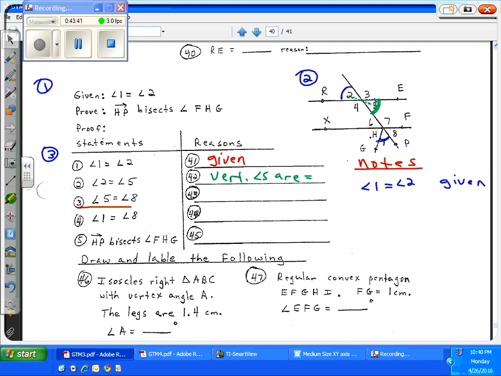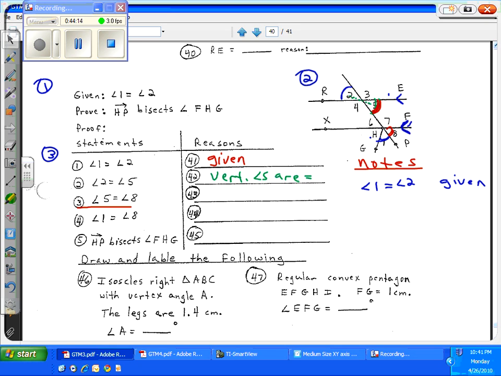And so we go to the next given statement, angle 5 is equal to angle 8. We look first in the given, and it's not there. So we go to the diagram at angle 5 and angle 8. Angle 8 is here. Angle 5 is here. The little bitty arrows in the middle of the lines are saying that those lines are parallel.